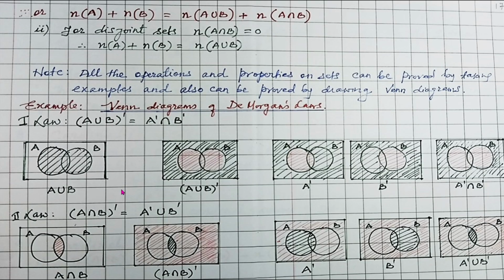We'll be learning in detail by taking examples as a separate study when we study the examples on set theory. So please go through all the properties and all the operations of sets, very useful for calculations.